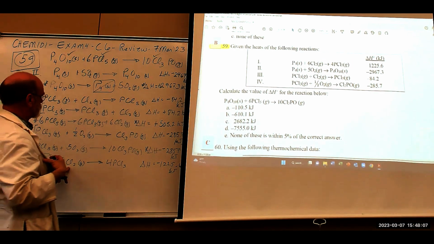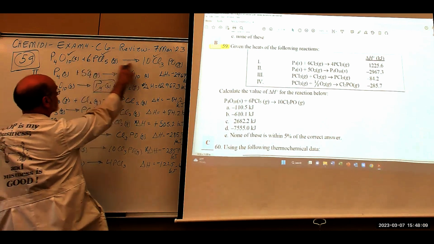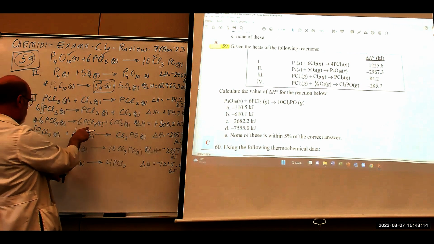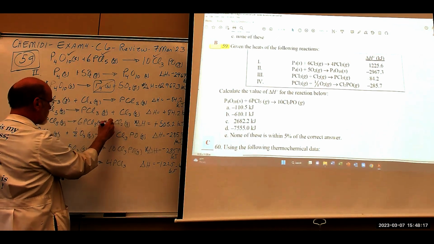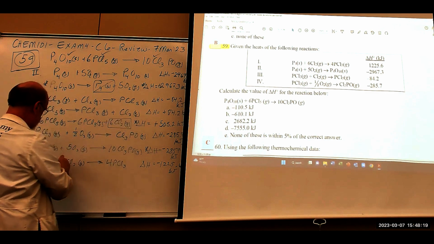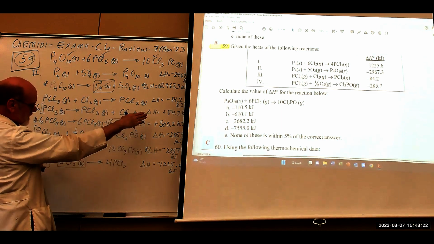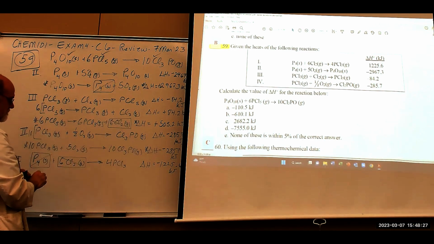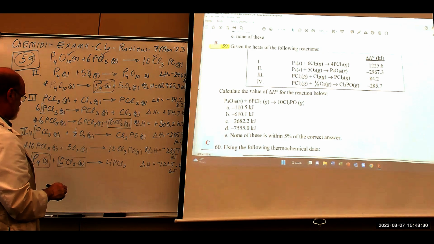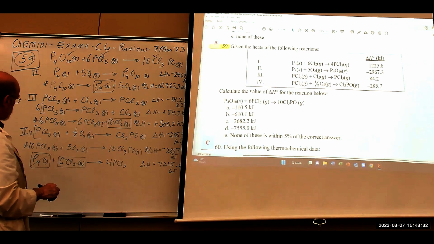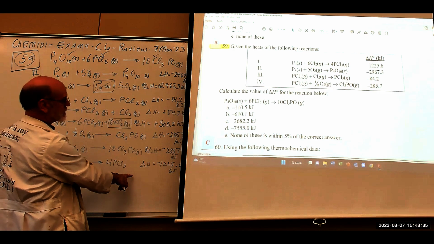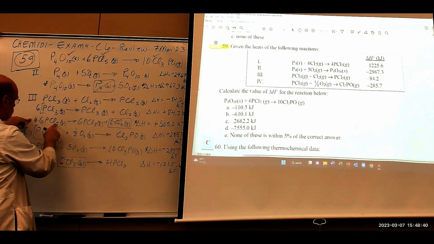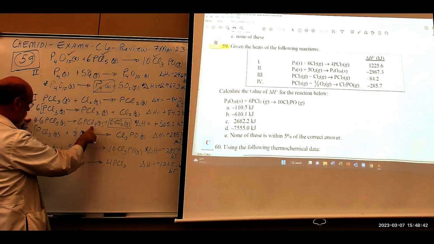How about the 6 chlorines? We don't have any chlorines up here. The Cl3PO. So 6 chlorines here and 6 chlorines here on opposite sides of the arrows. So those cancel. And we have PCl3, nothing there. PCl3 here.